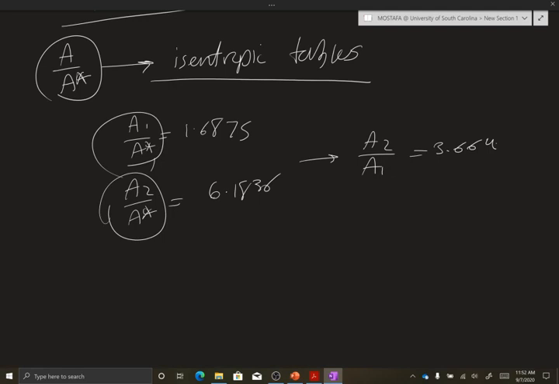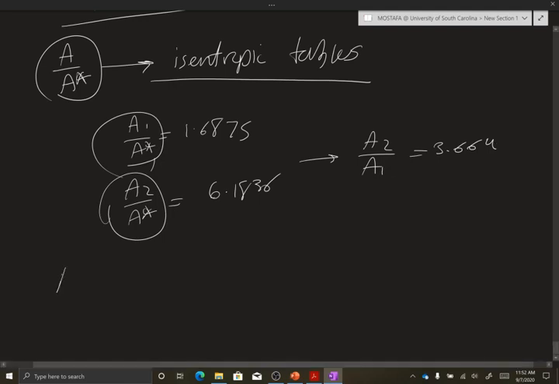Here we are going to need to find the Mach angles, right? The Mach angle we have already seen from the table is 30 degrees for upstream. And if you go back to the Prandtl-Meyer tables and look for Mach 3.4, you will find the second Mach angle to be 17.10 degrees.